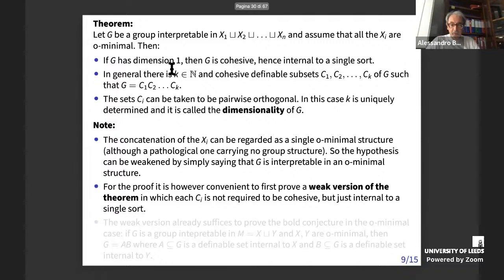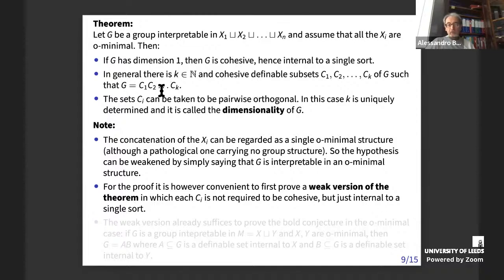However, it's convenient to keep a version of the theorem with the xi's, with the sorts, because to prove the theorem, we have to pass through a weaker version of the theorem in which we don't mention cohesiveness. We just require that the sets Ci are not required to be cohesive, but just internal to a single sort.